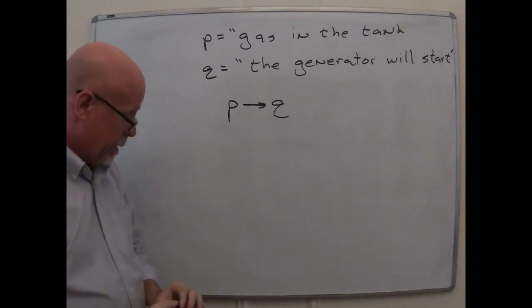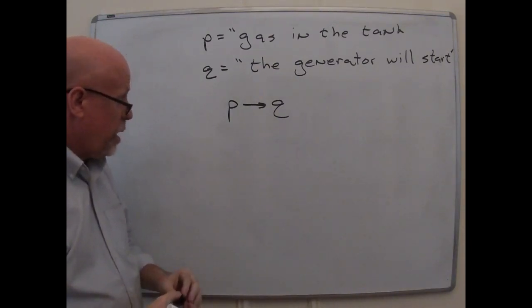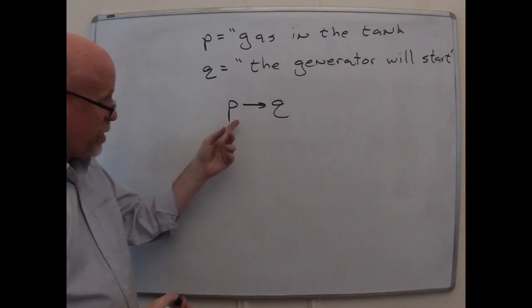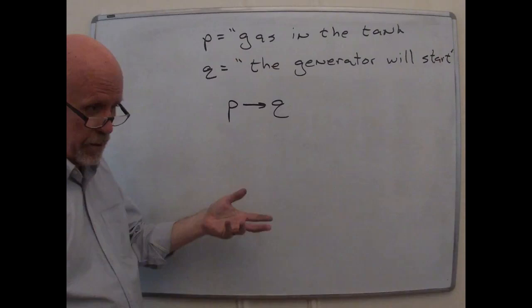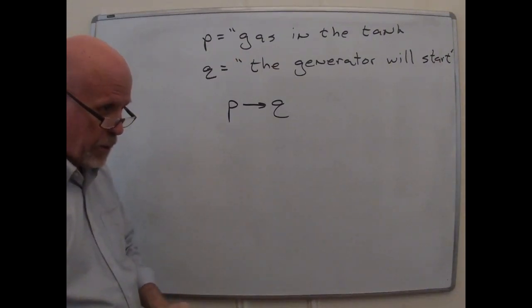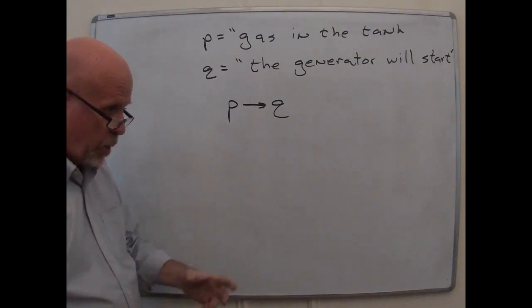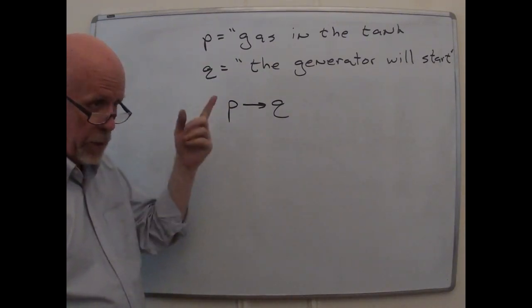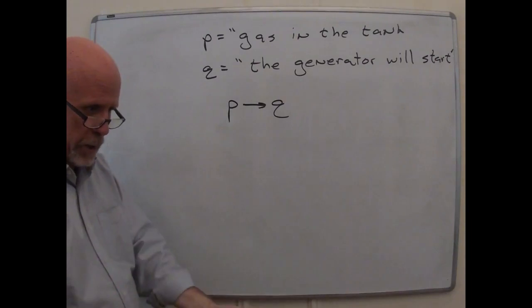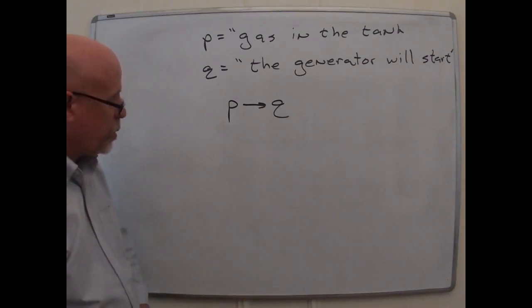Well, actually, that's not right. Think about this. Couldn't the generator fail to start because of some other reason? Maybe, I don't know. What else can go wrong with a generator? The spark plug is dirty. Maybe water got into the gas tank, so while there's gas in there, there's also water, and the water sinks, and that's what the generator would be trying to burn.